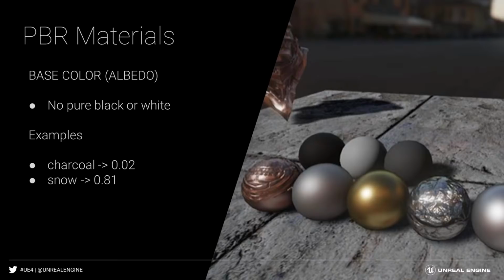So for example, charcoal is considered one of the darkest surfaces known to man, and its intensity value is about 0.02. So it's not all black, it's not just zero. Likewise, snow, considered one of the whitest surfaces known to man, has an intensity value of about 0.81. You don't want to work with the extreme values of black and white because they will make your images look less realistic. Let's jump over into Unreal and look at a quick example of that.